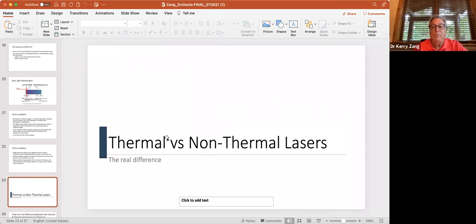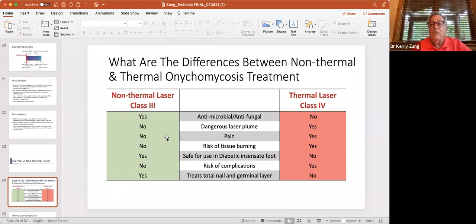fungus. So let's just talk about the difference between the thermal and the non-thermal lasers. I don't know how many of you have had the experience to actually see either the Lunula laser in action or any of the thermal lasers in action.